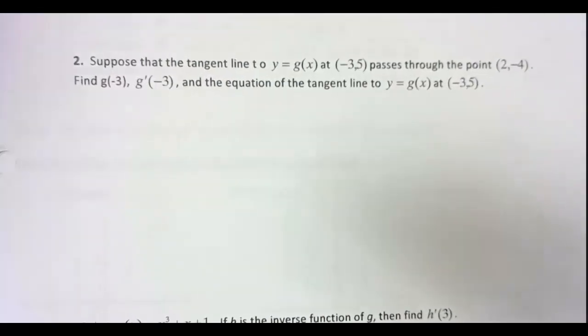Number 2. Suppose that the tangent line to y equals g of x at -3, 5 passes through the point 2, -4.